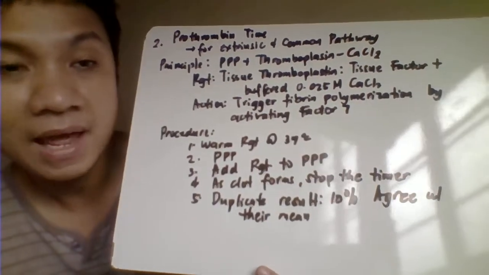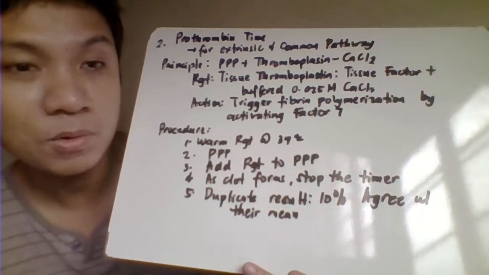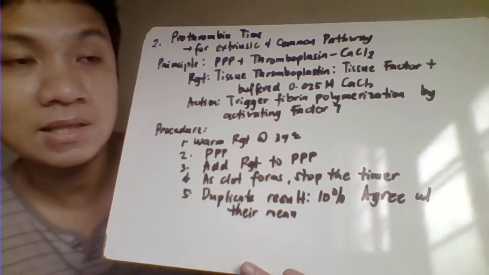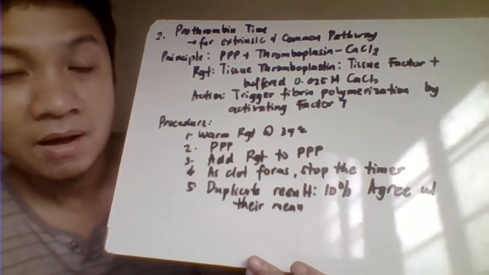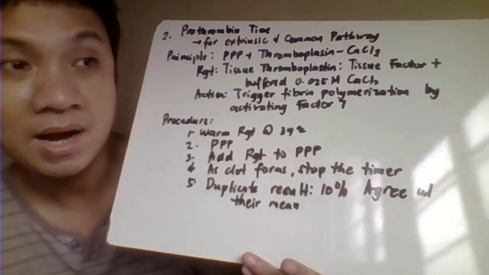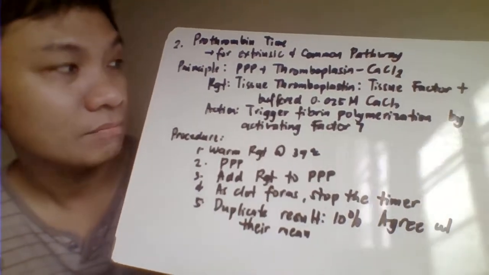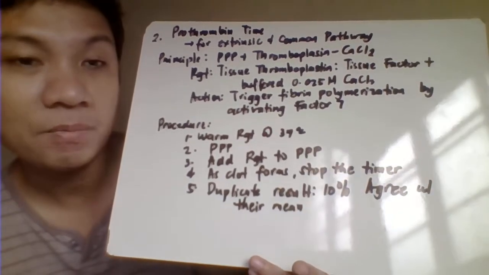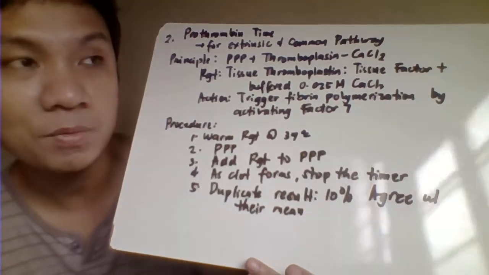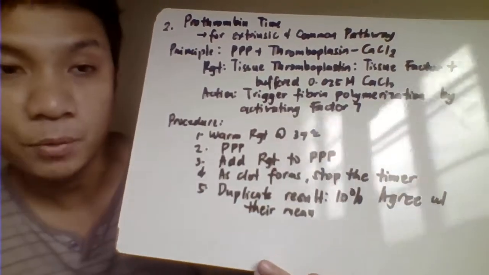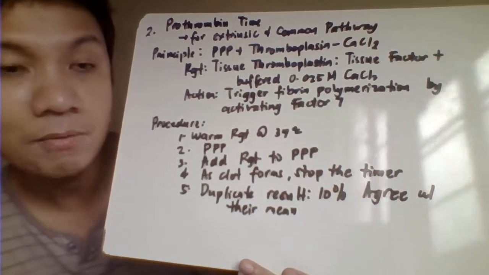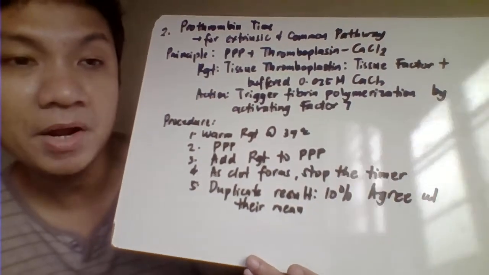Our blood is being collected with your light blue top, this 1:9 na anticoagulant to blood ratio. Okay, that's with your blue top or your citrate. So what we are using here as our sample would be your PPP or your platelet poor plasma. We have discussed already how to prepare your platelet poor plasma.